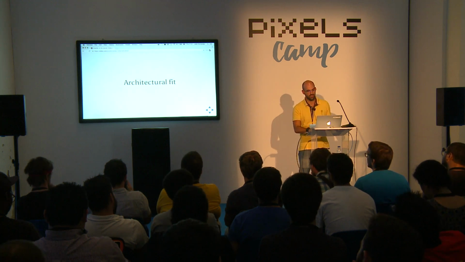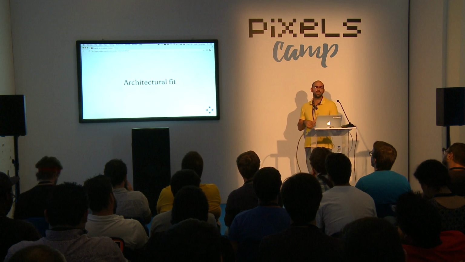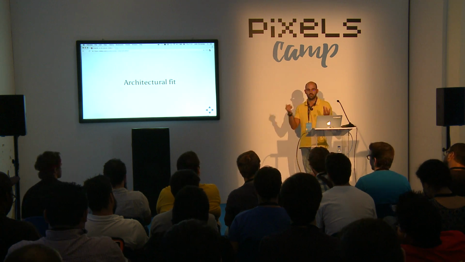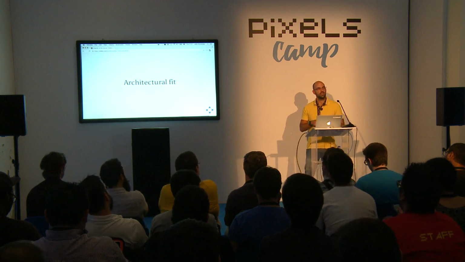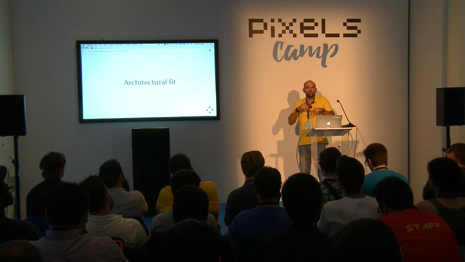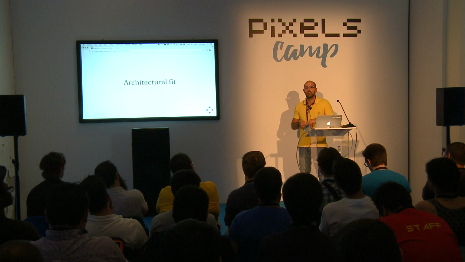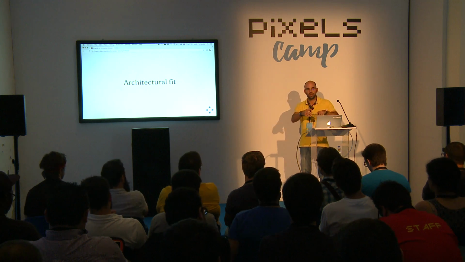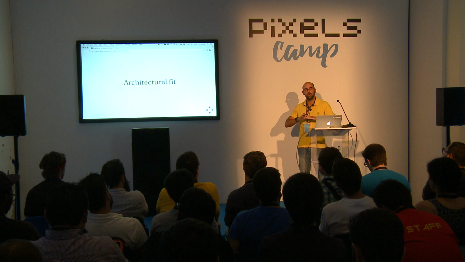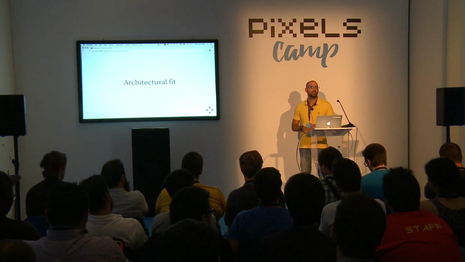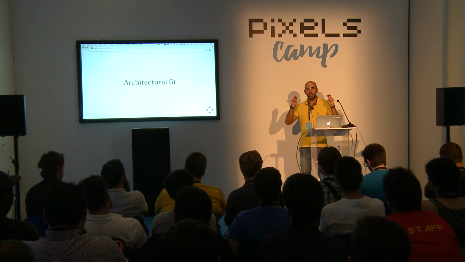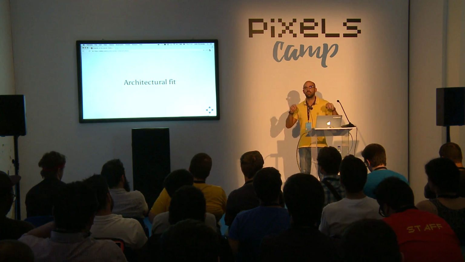Because on the backend side, I think it's more important to talk about architectural fit. And one thing about GraphQL, it's fairly obvious, but it was not super obvious to me when I first heard about it in the first presentation that I saw on YouTube, is that GraphQL pushes and forces you into an API gateway kind of architecture.